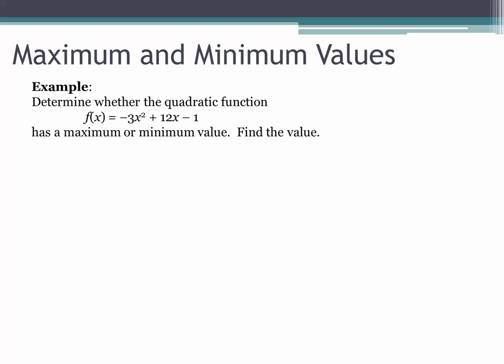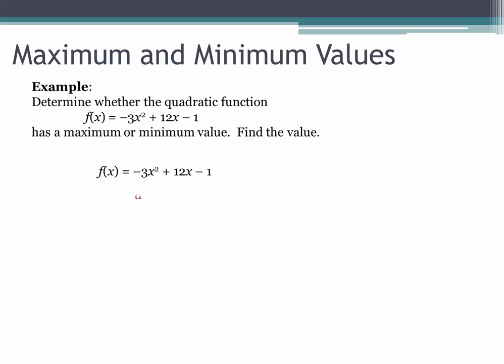If we're given just an equation, so given f of x equals negative 3x squared plus 12x minus 1, we could find whether it has a maximum or minimum value and what that value is. Since the a value is negative, we know that this parabola will open down, therefore having a maximum.